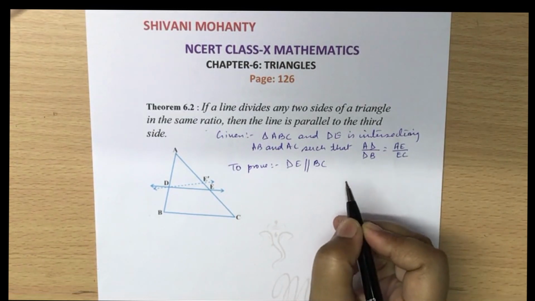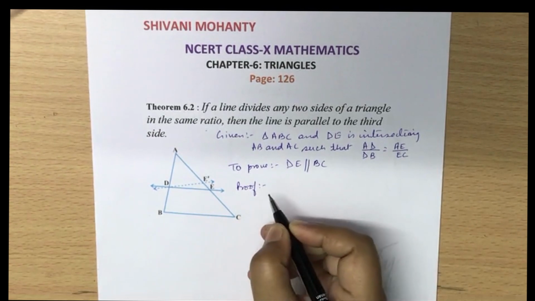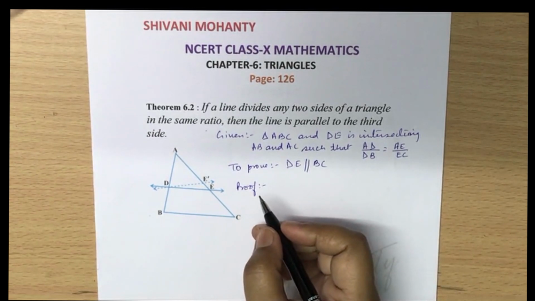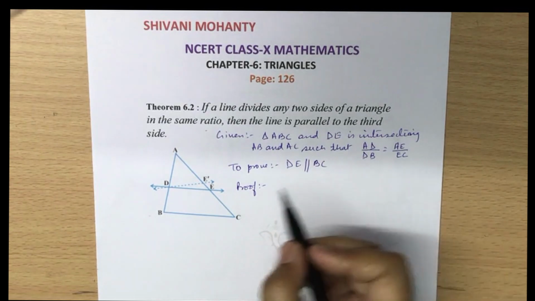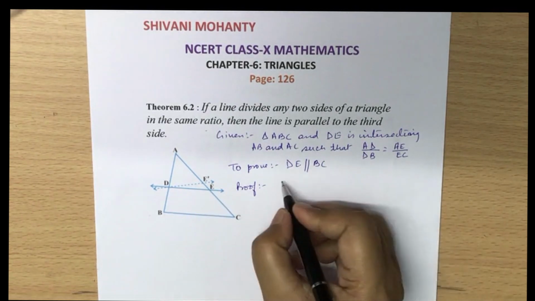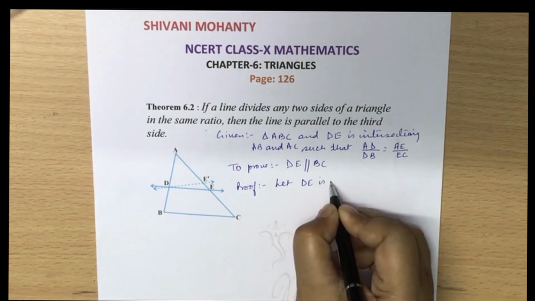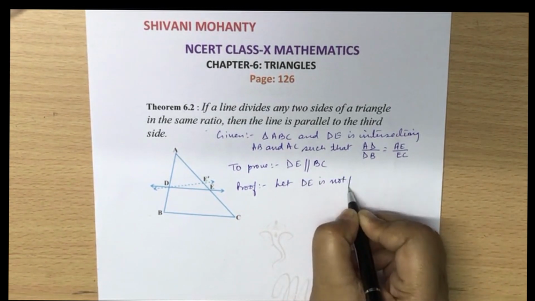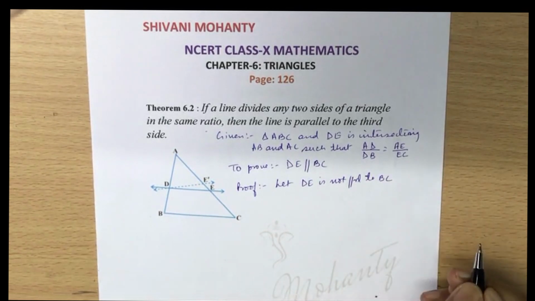Now let us start the proof. Before doing this proof, you have to take an assumption. What is that assumption? Let DE be not parallel to BC.